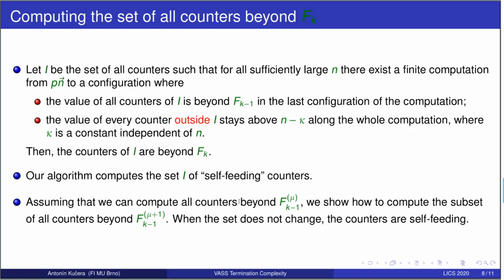We may lose some of the counters on the way, and we go on by computing another subset of counters pumpable beyond fk minus 1, 3 compositions of fk minus 1 applied to n. And we keep doing that until we reach a fixed point, and the fixed point turns out to be the maximal set of self-feeding counters.